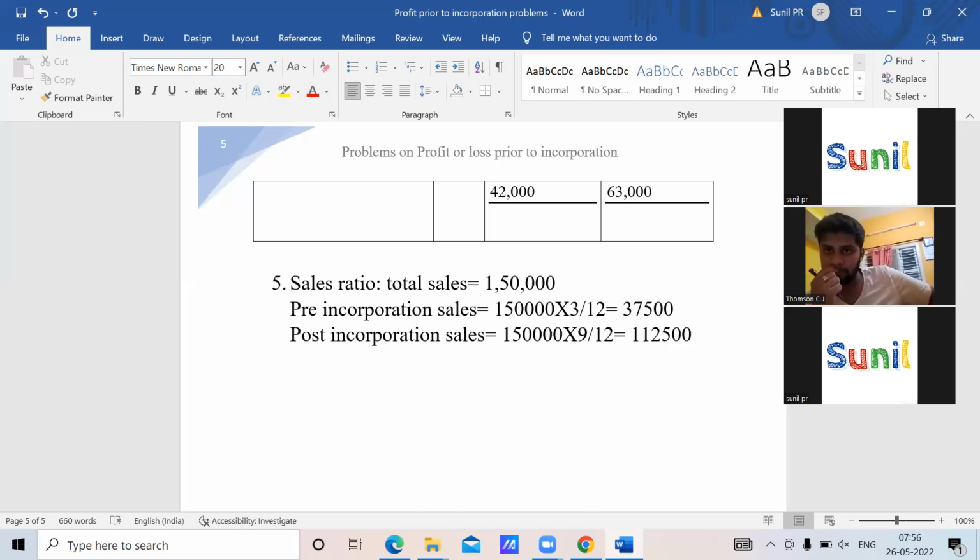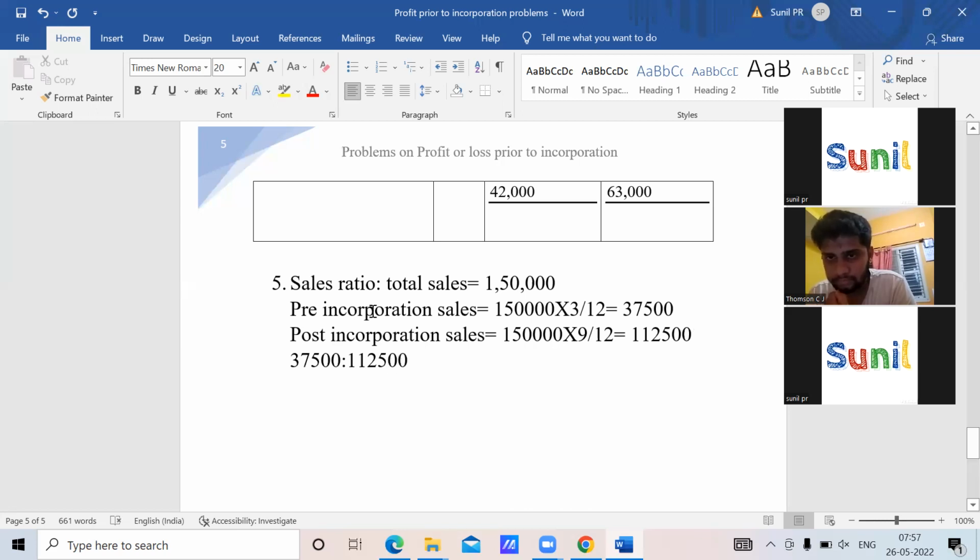Okay. So now this is the pre-incorporation sales and post-incorporation sales. Actually, this is the sales amount that we have done. So now you can find the ratio for that. 37,500 is to 1,12,500.